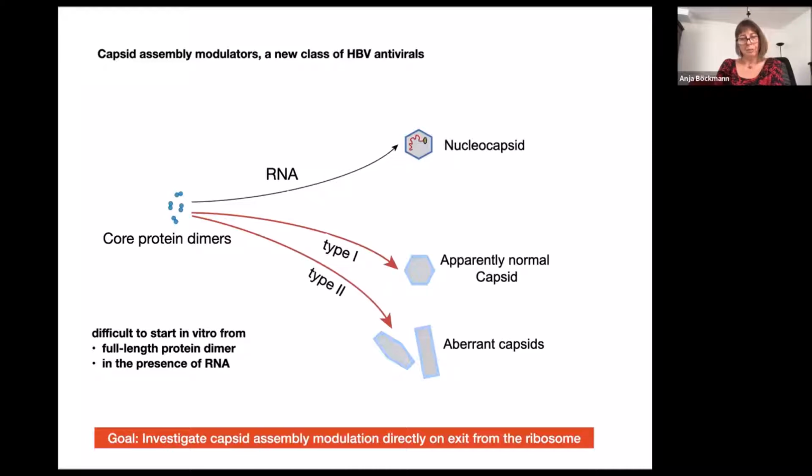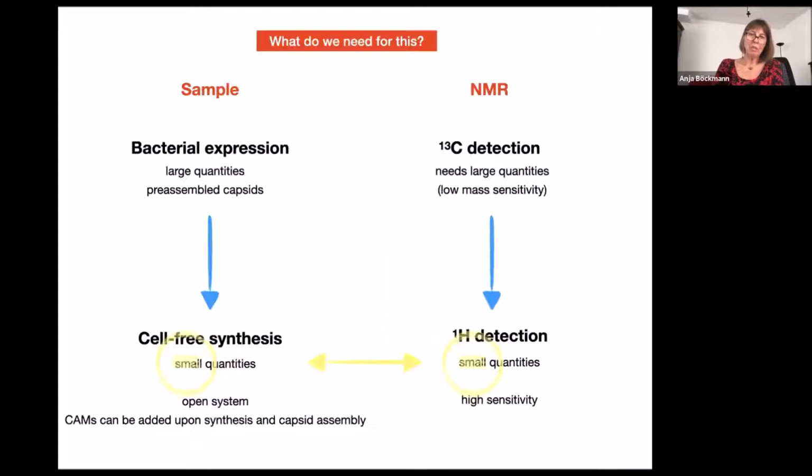So we thought that we can investigate this process with a system we have in hand, which allows us to study that directly on exit of the ribosome of the capsid proteins.